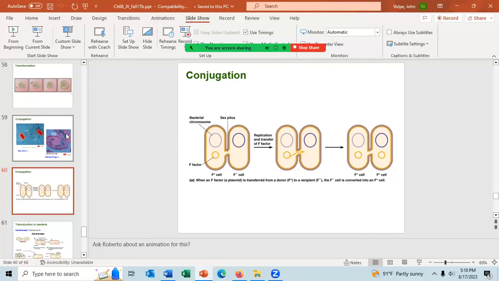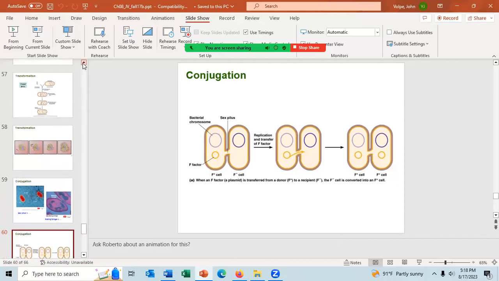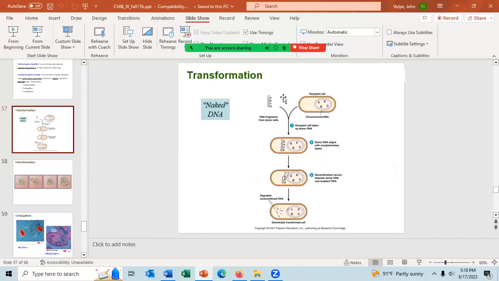Humans don't really have transformation because DNA, if it were to leave another human cell, it's not going to get through the skin or even through the mucous membrane. So it won't be incorporated into most other cells.